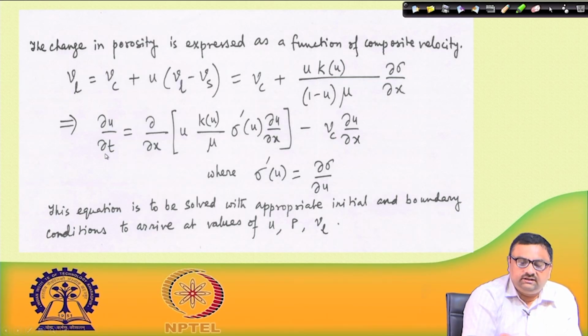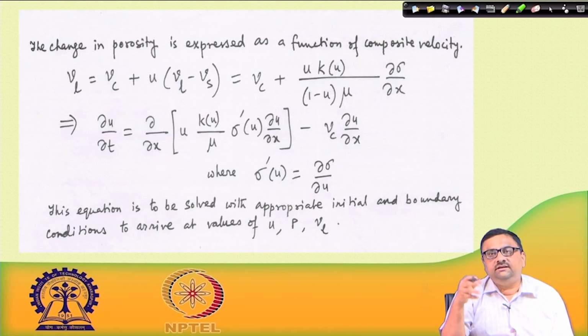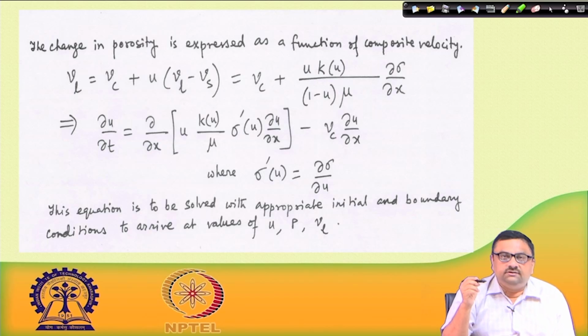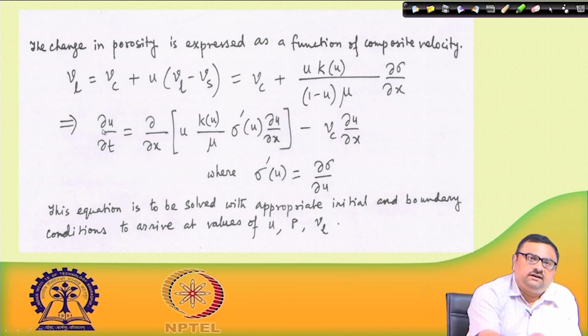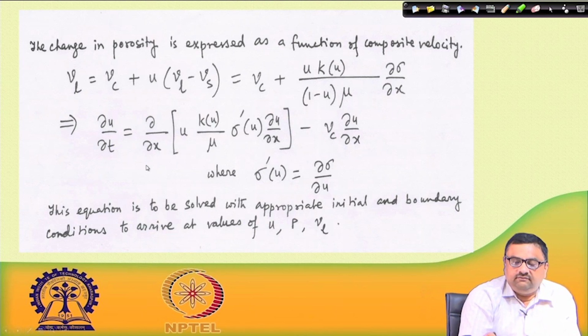So, the entire equation is now as if you are solving for u. u is the solid volume fraction, where u is 1 minus phi, where phi is the porosity. So, you are solving as if for the change of porosity with time, that is, the change of solid volume fraction with time, and that you are writing on the right hand side of this equation.